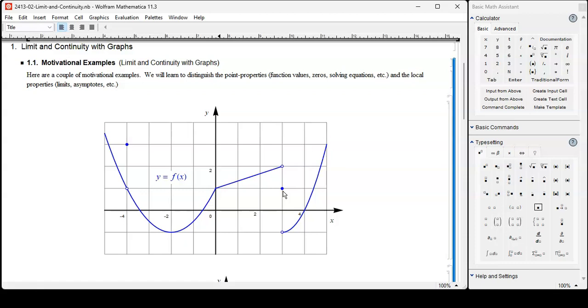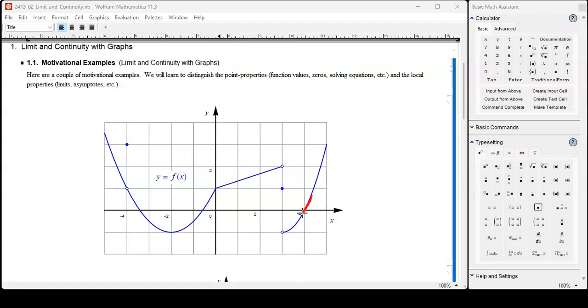Now, if I approach x equal to 3 from the left, I'm following the graph from the left, and that's getting closer and closer to which y coordinate? 2. Y coordinate 2 this way. From the right, y coordinate is getting closer and closer to -1. Do you see that?